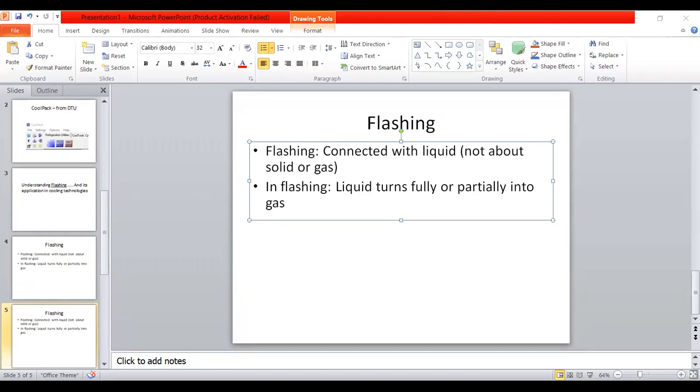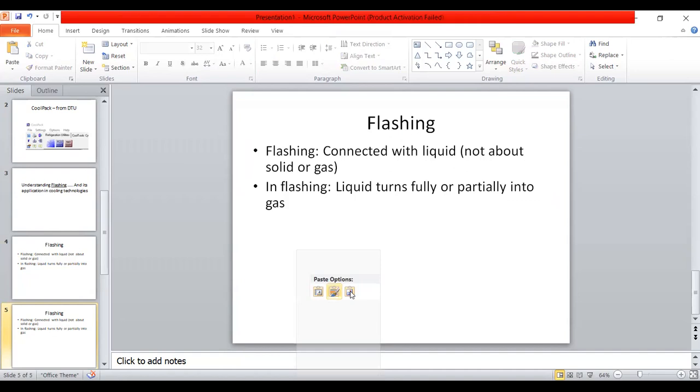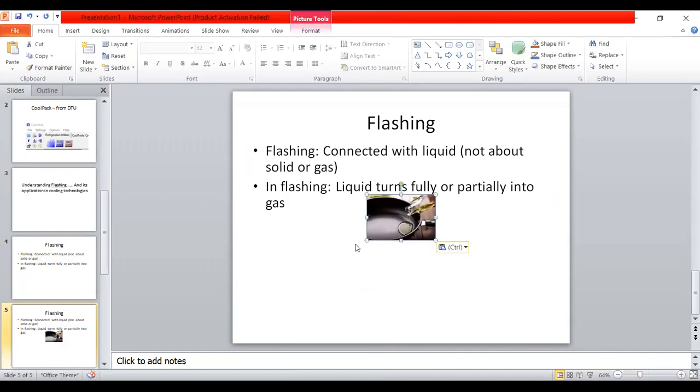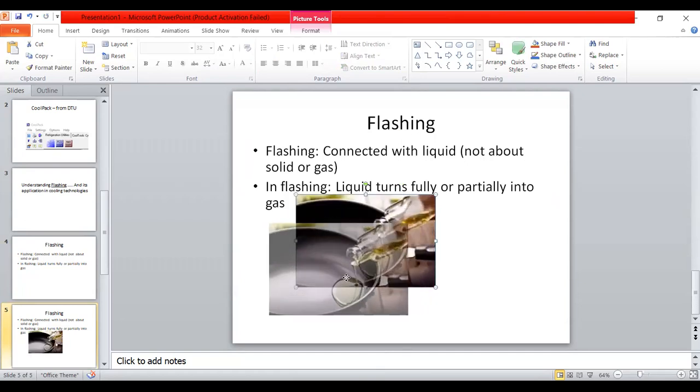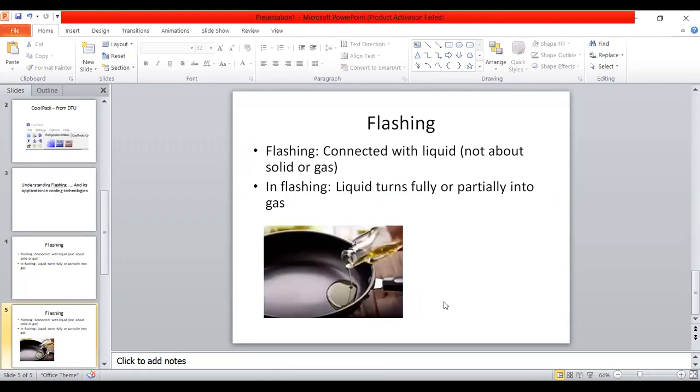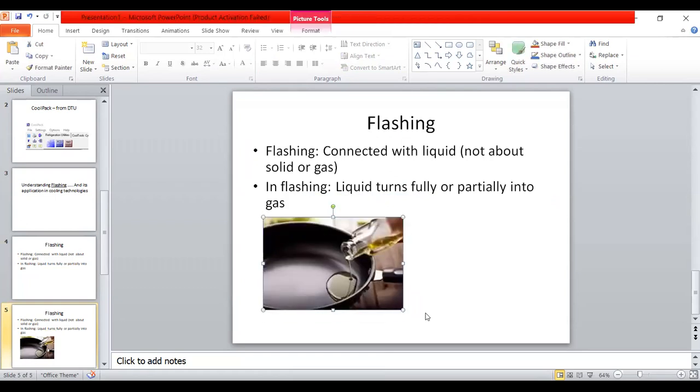A frying pan. Okay, a frying pan. This one.